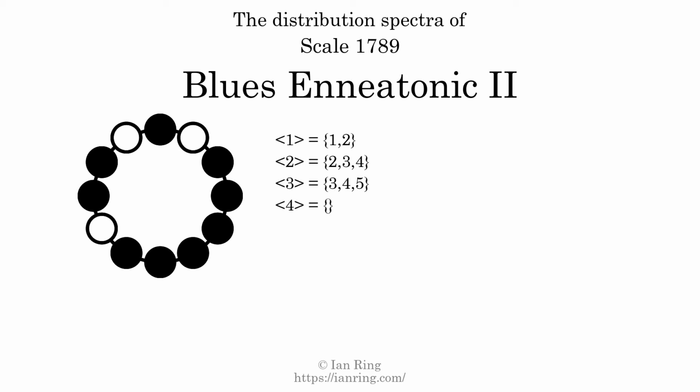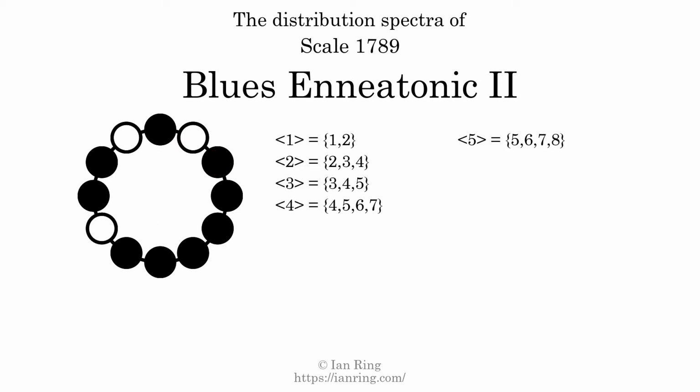The generic interval of 4 scale steps comes in 4 different specific interval sizes, 4 semitones, 5 semitones, 6 semitones, and 7 semitones. The spectrum width of this generic interval is 3. The generic interval of 5 scale steps comes in 4 different specific interval sizes, 5 semitones, 6 semitones, 7 semitones, and 8 semitones.